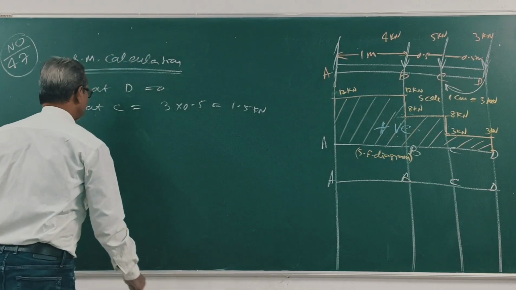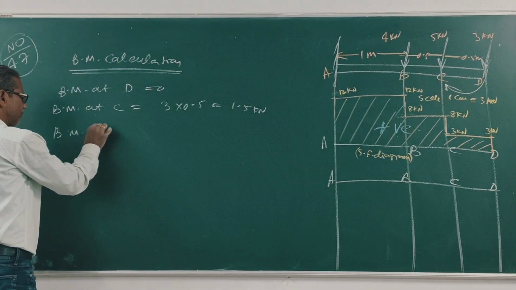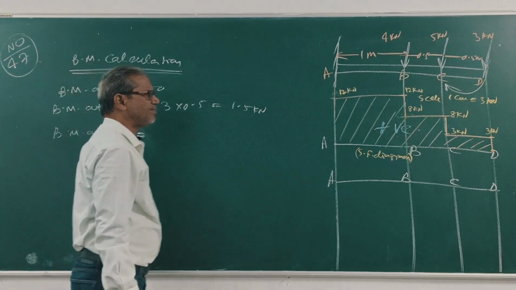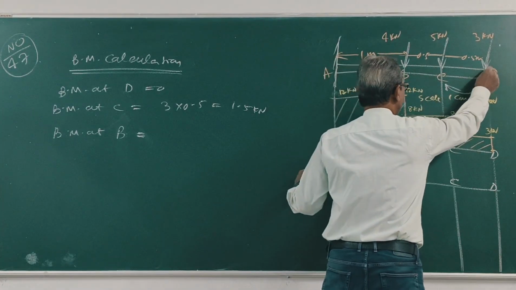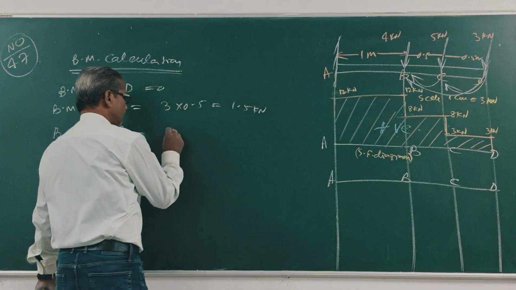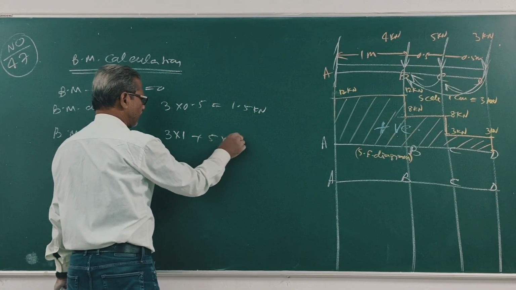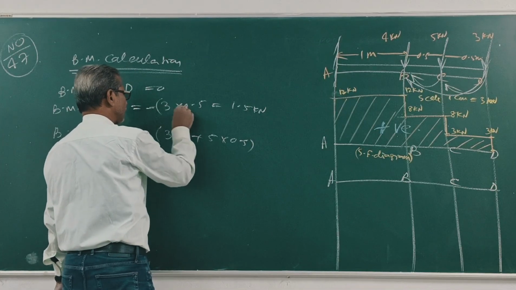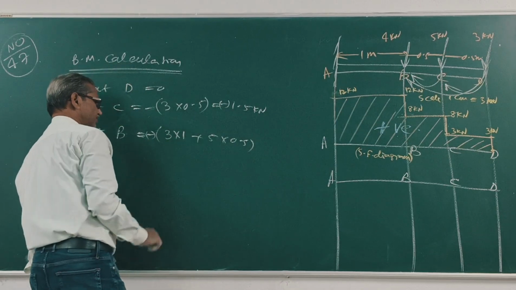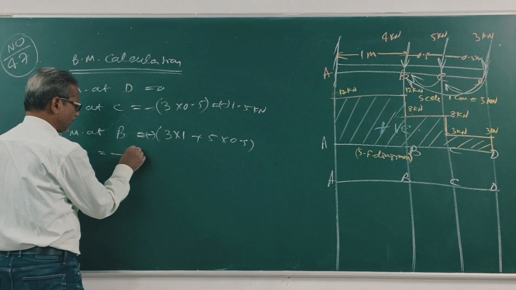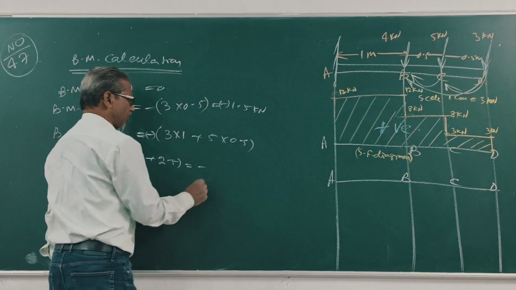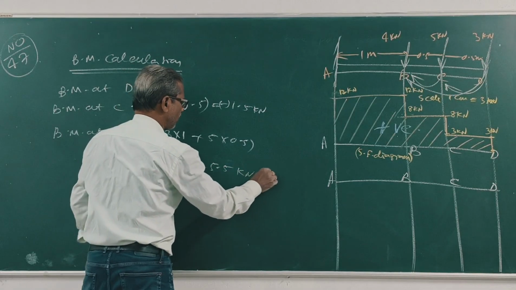At B, 3 into 1 plus 5 into 0.5, all are negative because of downward load, so minus 3 minus 2.5, minus 5.5 kilonewton meter.